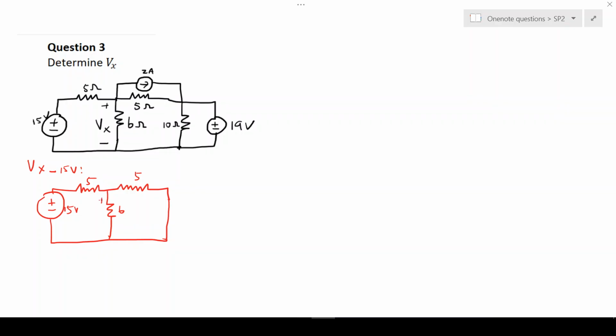Right, and we are looking for the voltage Vx. We can then see there that the voltage Vx will be the same as the voltage over the 6 ohm, which is connected in parallel with the 5 ohm. So we can actually put those together to simplify the circuit.